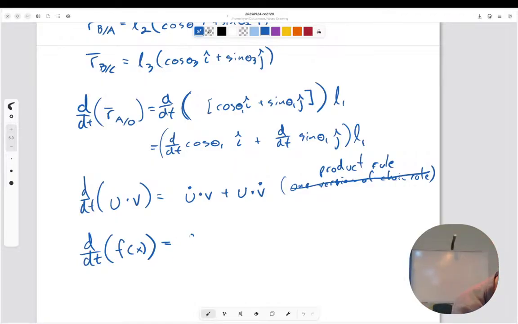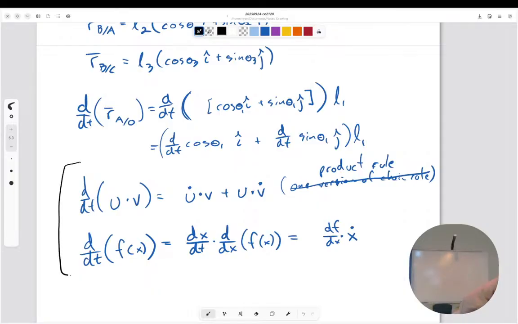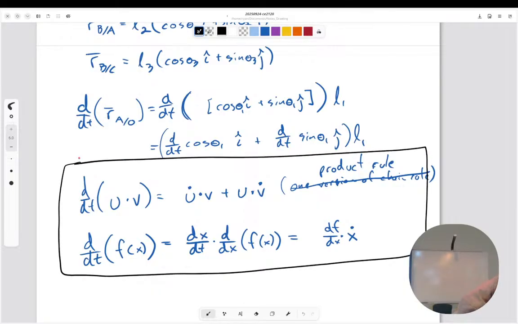So what we would say is that it's dx dt times d dx of f of x. So this becomes df dx times x dot, something like that. So we can do the same thing for this function.